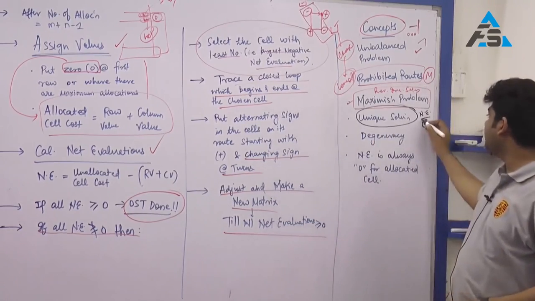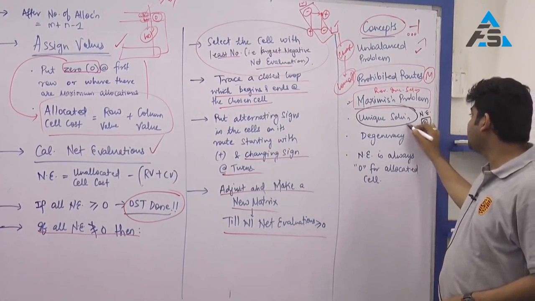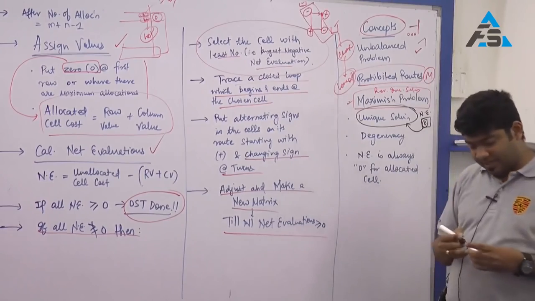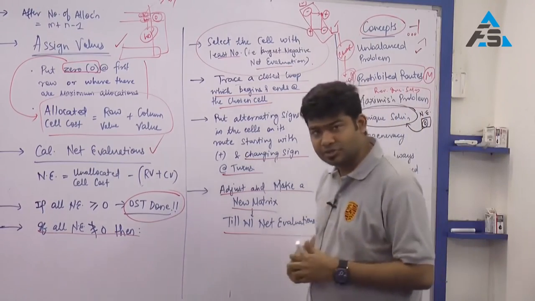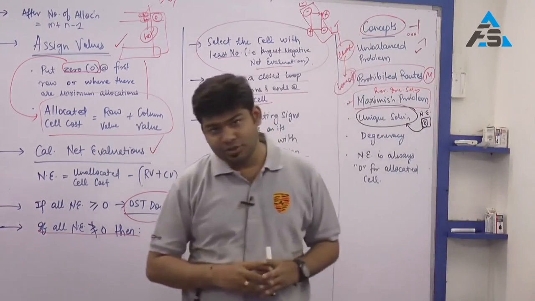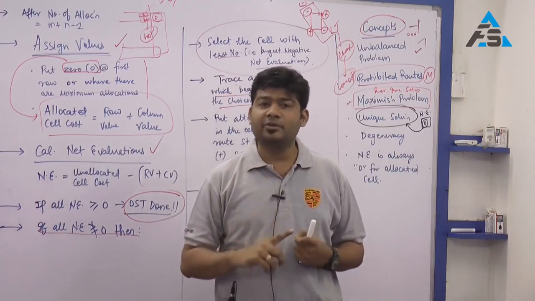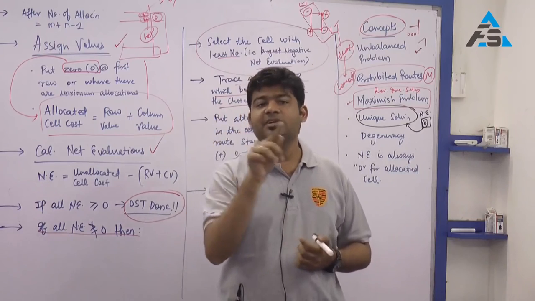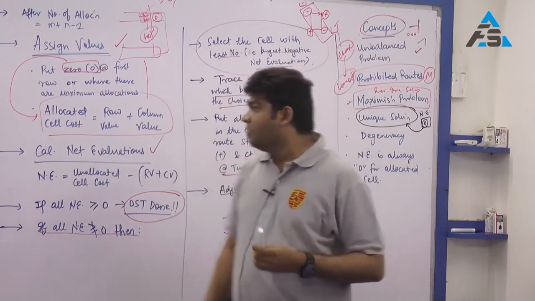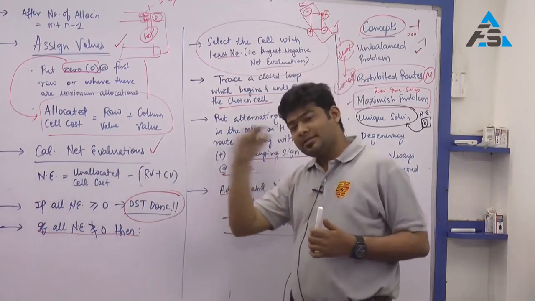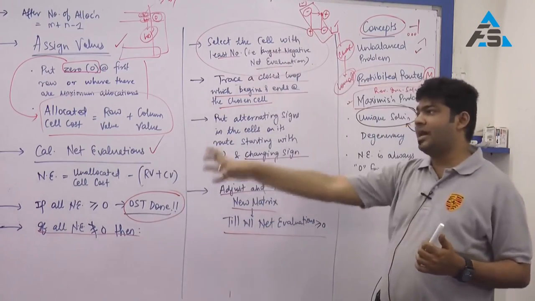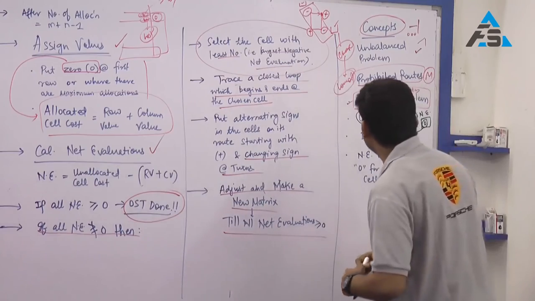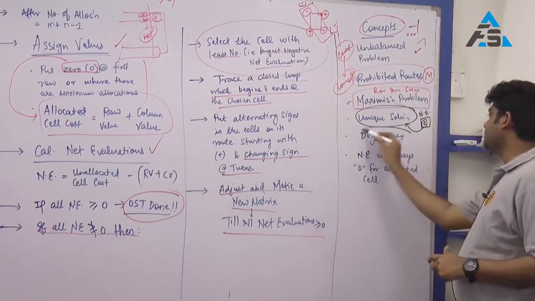If your net evaluation is 0, then we will say that a unique solution exists, and there is a possibility that you may have to find it. In order to find it, first we check whether net evaluation is 0. If there is a net evaluation which is 0, then we draw a loop from there. Once we draw a loop from there, the normal process of allocation starts, and we say that an alternate solution exists.